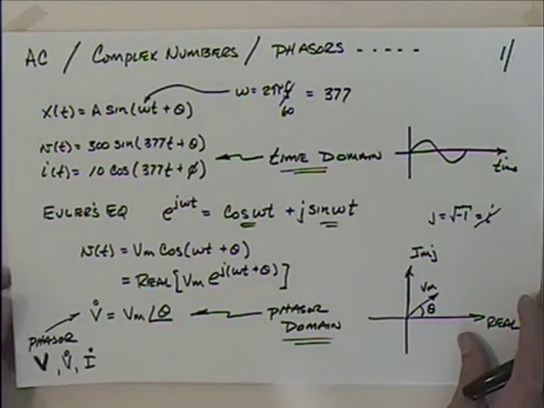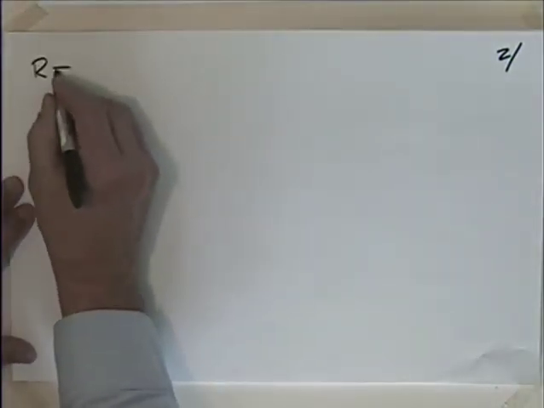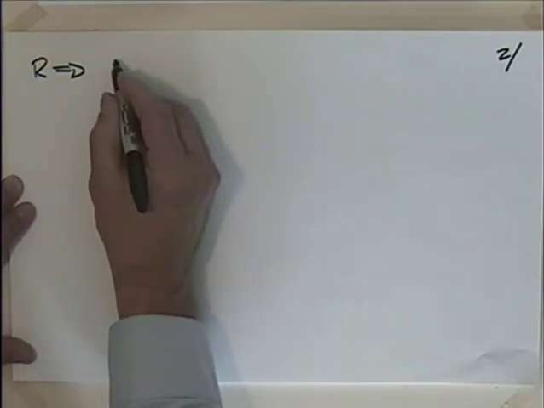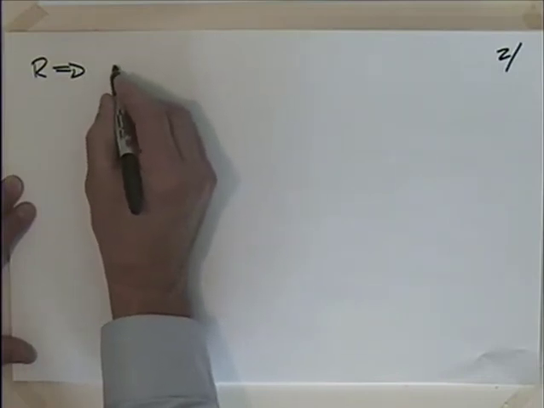So what do some of the elements look like in time domain? If I look at a resistor, what's that look like? Well, we're going to have this term we call impedance.